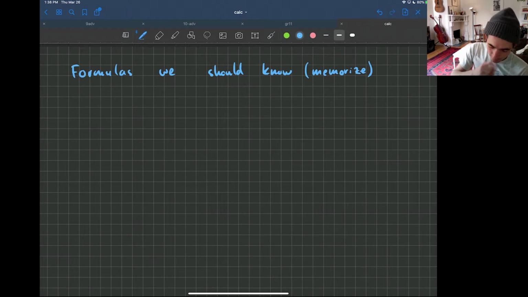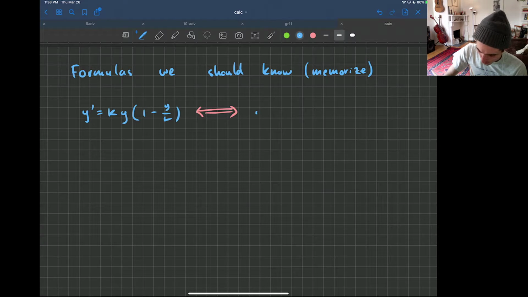Okay, so there's the first one. y prime is equal to k times y times 1 minus y over L. And that goes hand in hand with this formula here, which is that y is equal to L over 1 plus a times e to the minus kt.